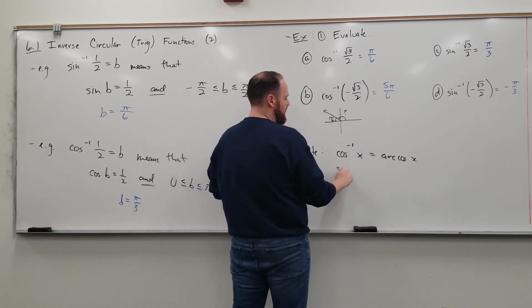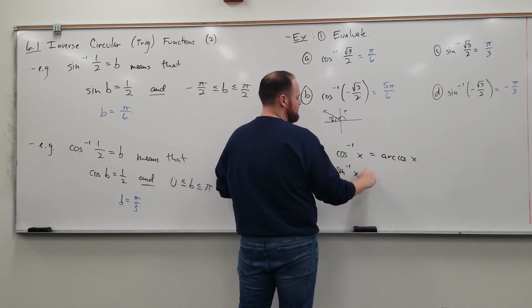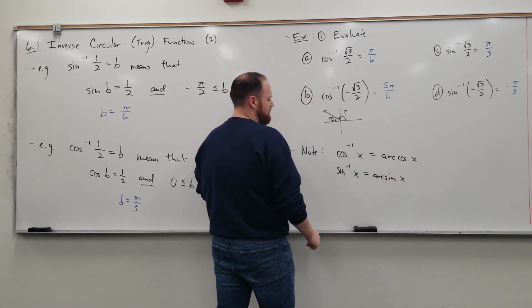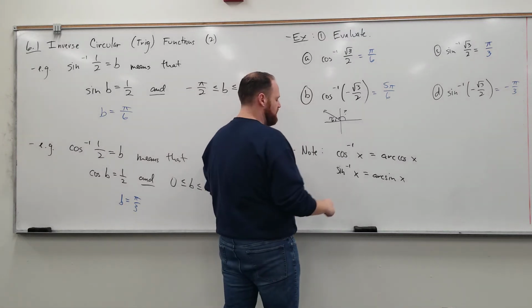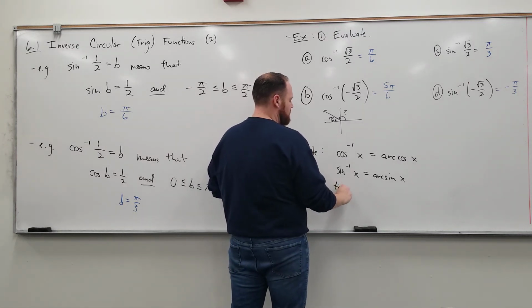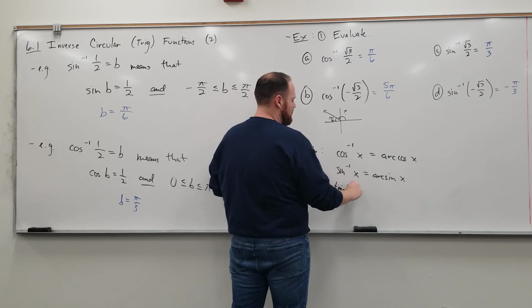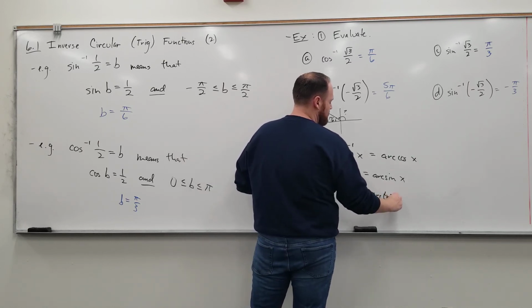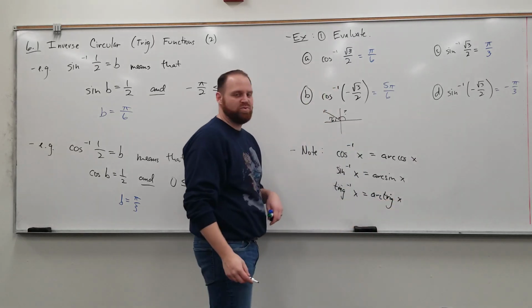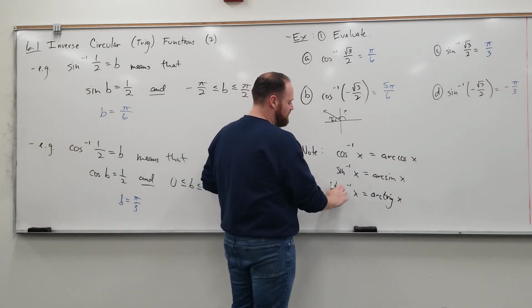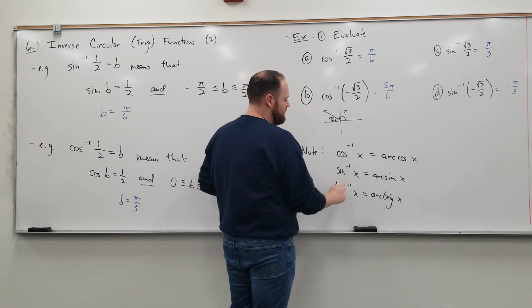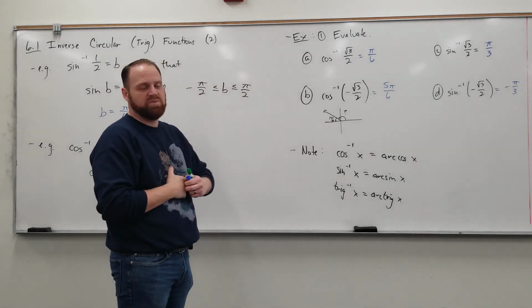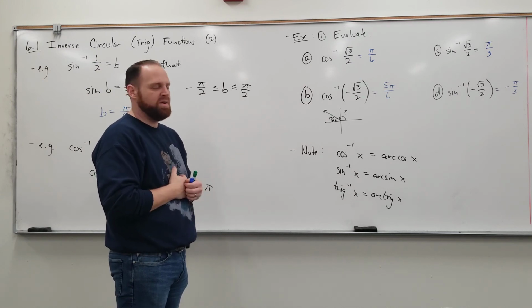Sine inverse of x means the same thing as arc sine of x, and so forth, for all of the trig functions. Trig inverse of x is the same thing as arc trig of x; you can replace trig with any of the trig functions. So we use that arc notation sometimes, but they're interchangeable. They mean exactly the same thing.